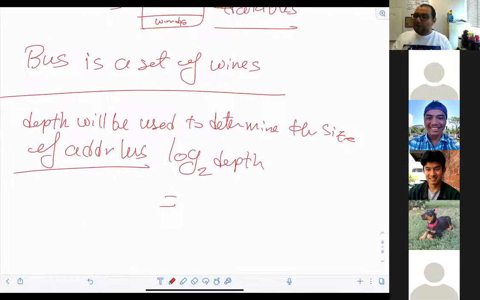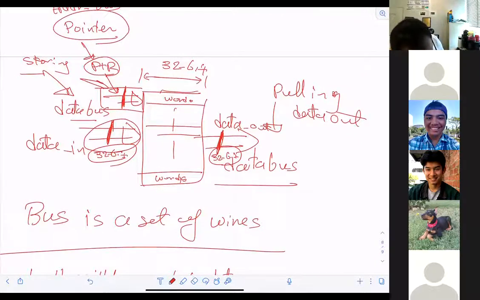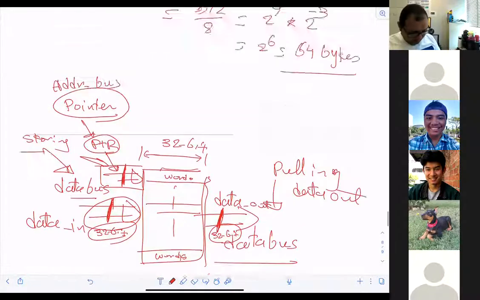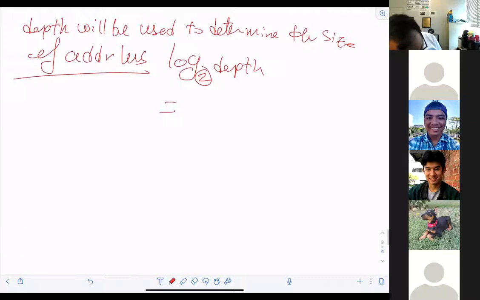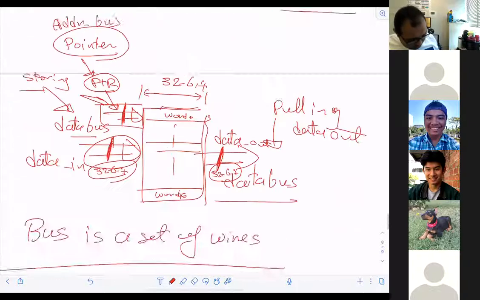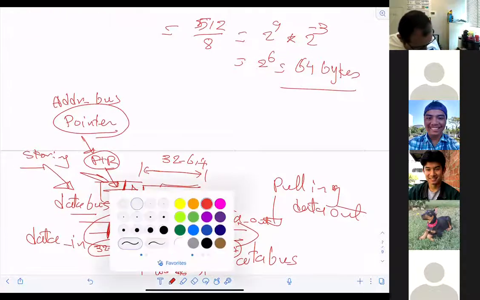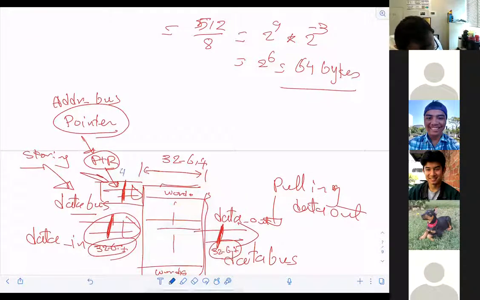Why log 2? We are binary. So we just have 0 and 1, which is 2 bases. So in that case, how many words do we have in this architecture? We said from the previous, 16. So it's going to be log 2 of 16. How many bits will it be? 4 bits. So in that case, I can literally go ahead and write: this is 4 bits.